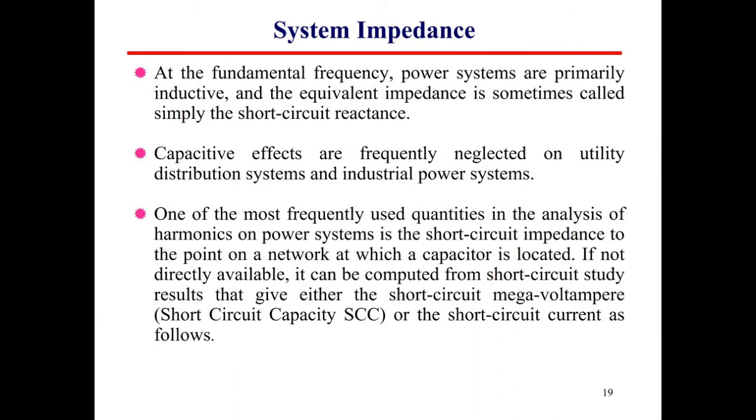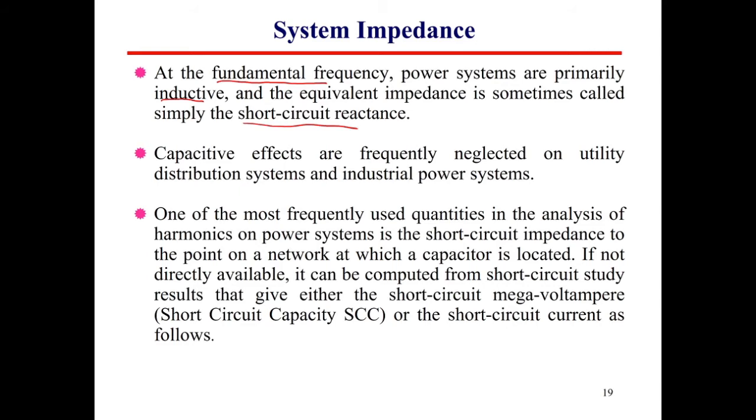At fundamental frequency, power systems are primarily inductive, and the equivalent impedance is sometimes called short circuit reactance. Capacitive effects are frequently neglected on utility distribution systems and also in industrial power systems.